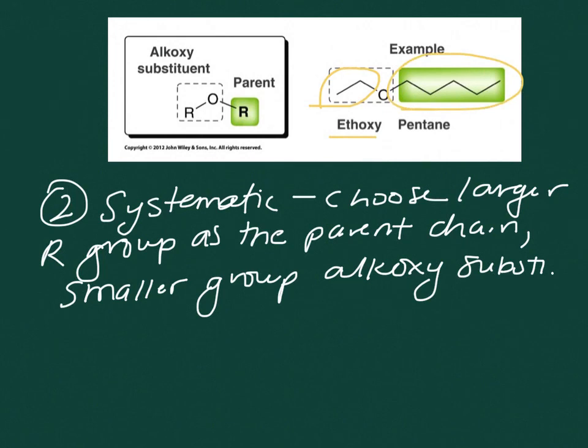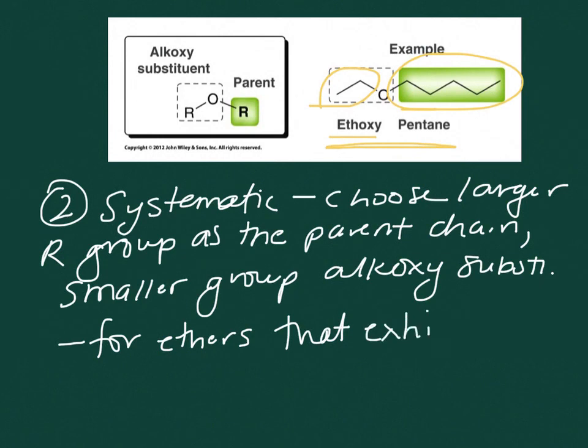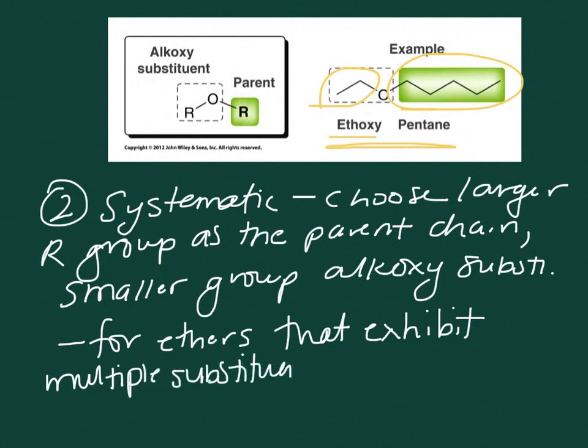So the systematic name would be ethoxypentane. We use systematic names for ethers that exhibit multiple substituents and chiral centers.